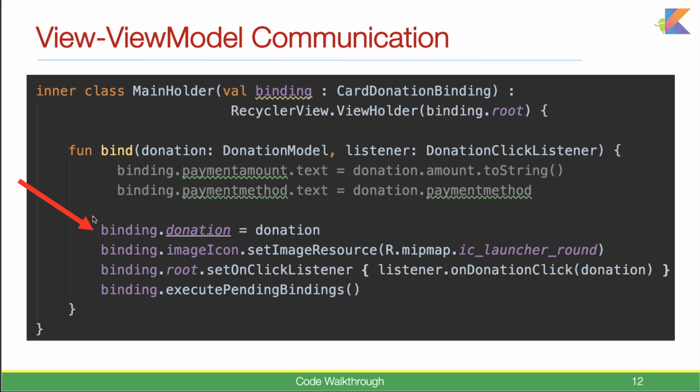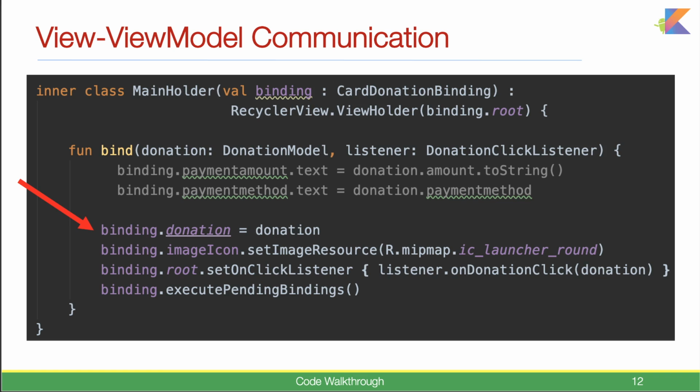We're now using our data binding to update declaratively, as we'll see in the layout next, our donation object. So there's one assignment, the whole donation being assigned to the donation that we are accessing in the layout.